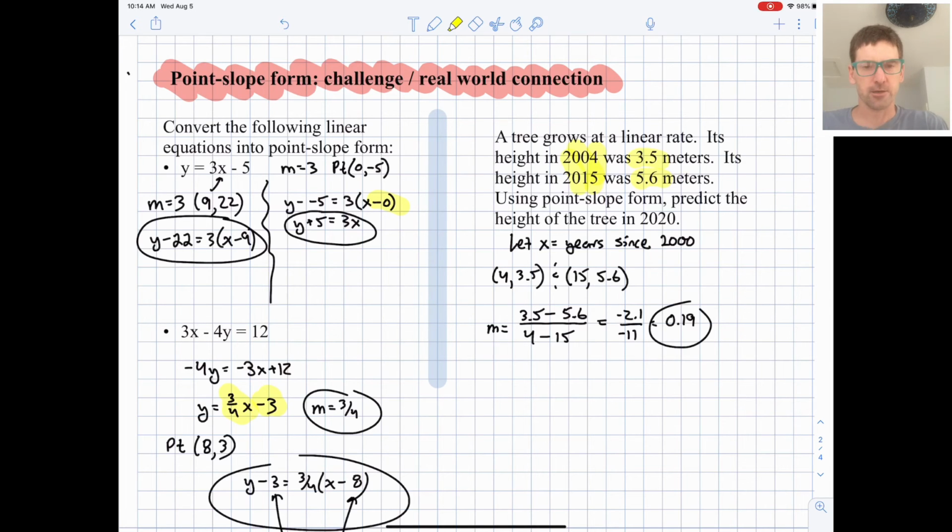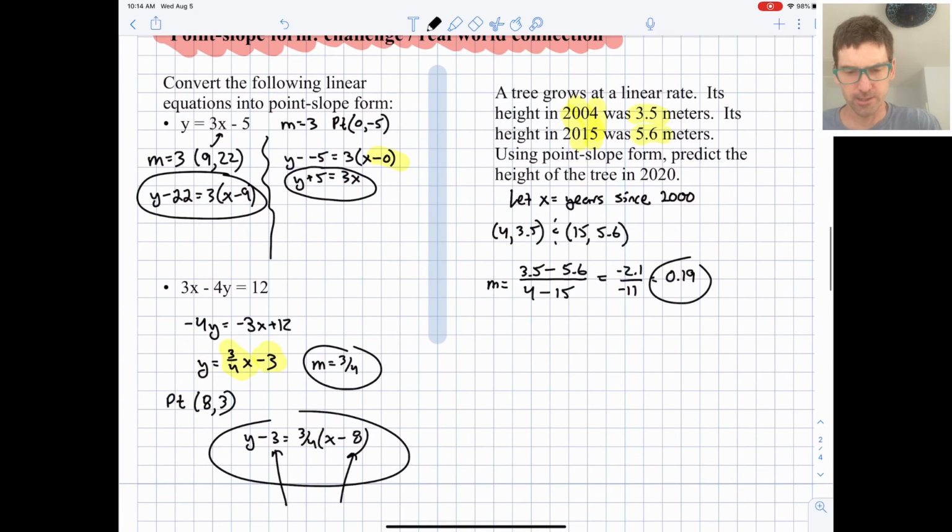So let's write out our point-slope form equation. I'm going to choose this y value. I just always like choosing smaller numbers. So our point-slope form equation: y minus our y value equals our slope times x minus our x value.